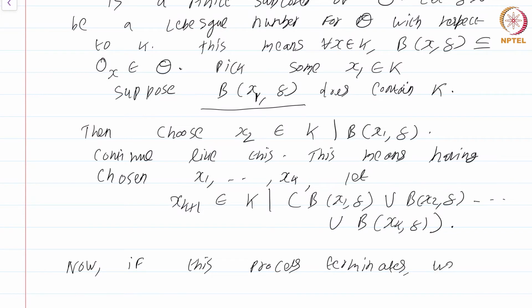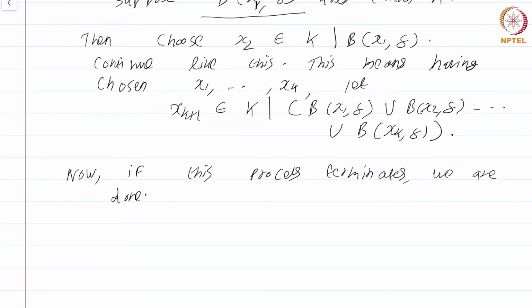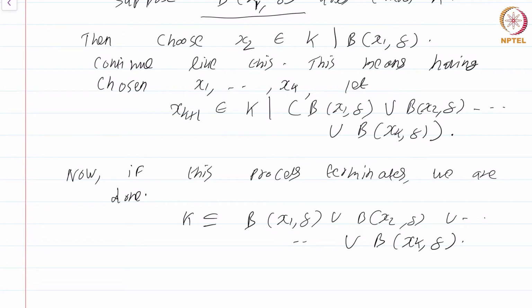Why are we done if this process terminates? Well, the only way this process can terminate is if K is a subset of B(x1, delta) union B(x2, delta) union ... union B(xk, delta). That is, some finite collection of open balls cover the whole of K. But each one of these open balls is contained in some element O_x1, O_x2, ..., O_xk.